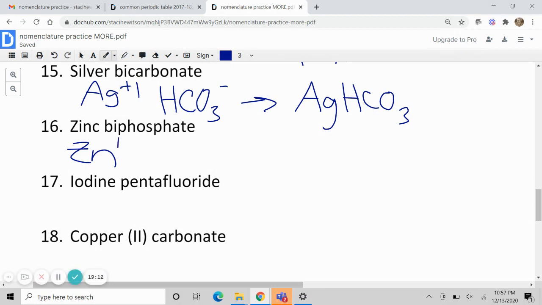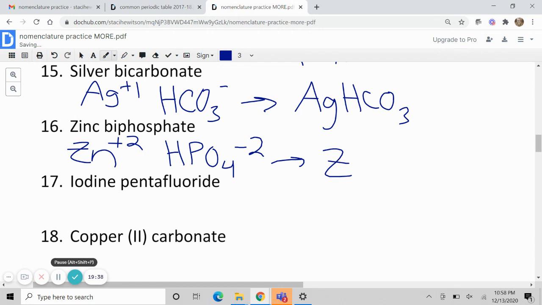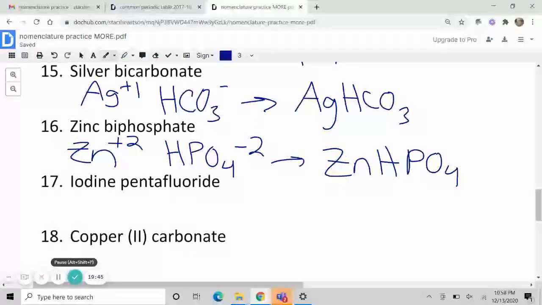Biphosphate is HPO4 with a -2. So it's a +2 and a -2, so it's ZnHPO4.